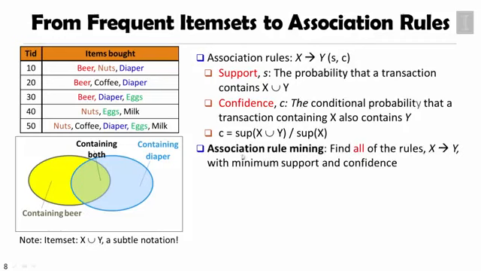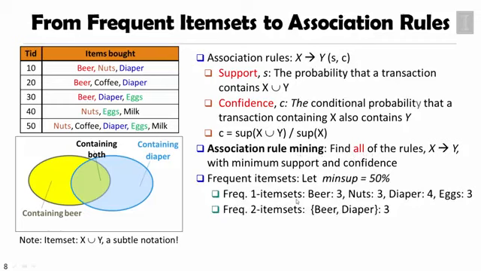Then association rule mining actually tries to find all such rules which pass a minimum support and a confidence threshold. We already know if we set minimum support to 0.5, we'll find these are the frequent 1 item sets, these are the frequent 2 item sets.